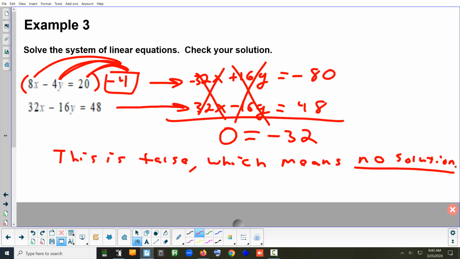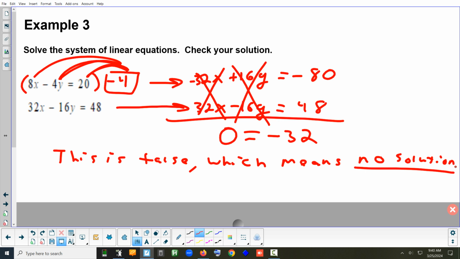If you drew these two lines, they would be parallel. It means they would never cross each other. So if you graph them, that's one way to tell there's no solution, but we don't need to graph it. We can tell by just doing the algebra that we got a false statement, no solution. Much easier to do the algebra than to graph, because sometimes it's hard to tell, especially if you have to scale your axes.